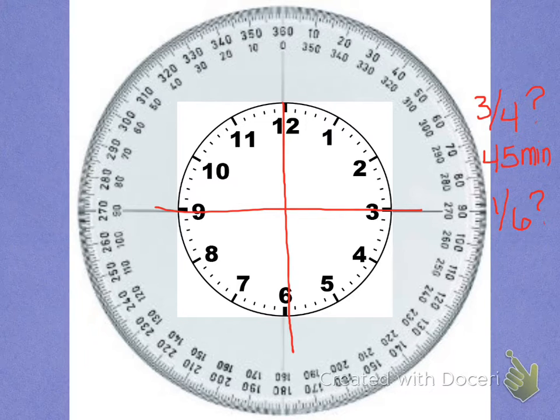1/6. So this time, if we divided that clock into 6 spaces instead of 4, it would be 10 minutes. So that means I would have it divided here instead of where I have it. So we would have 6 places instead of 4.